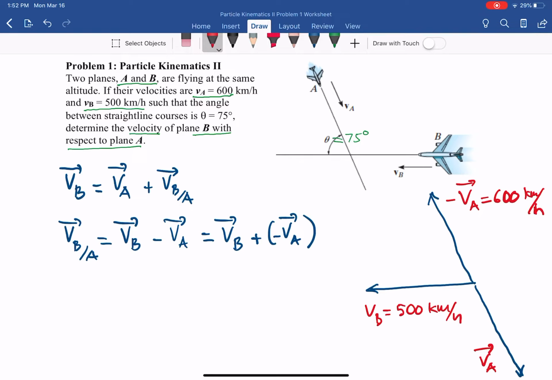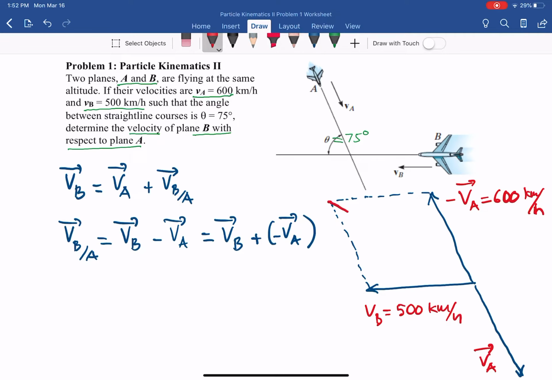And as we know, because the vector equation is VB relative to A equal to VB plus negative VA, graphically I can have a parallelogram, and the diagonal line will be the resultant of those two vectors, VB plus negative VA.